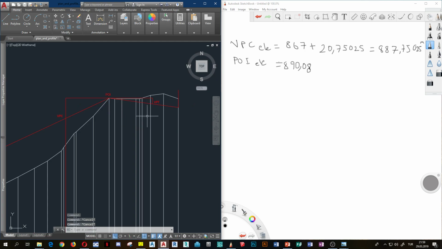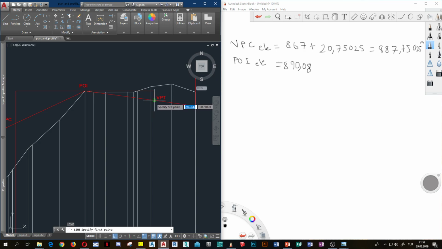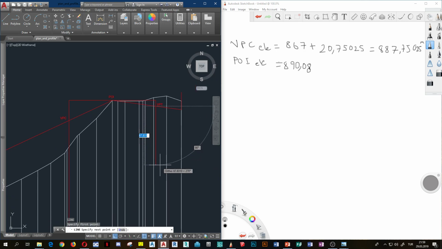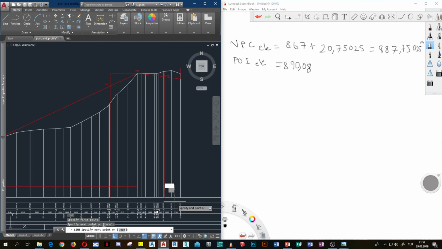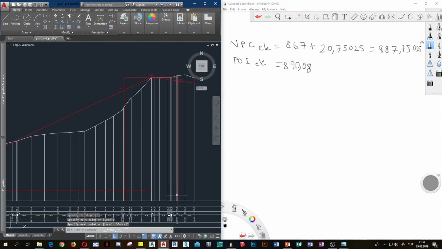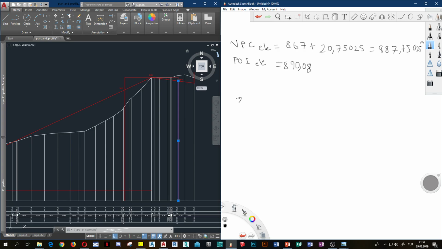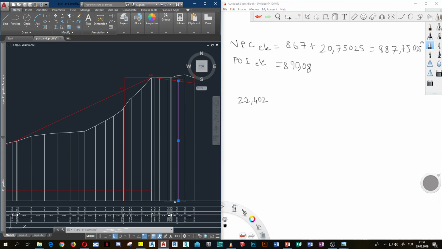And determine VPT elevation. How do we determine that? With one basic line. And look at that. Yes. 22.400. 22.400.